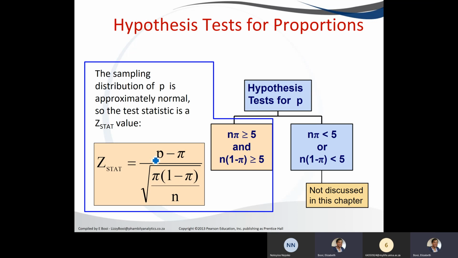If your sample proportion is not given, we can calculate it using the number of observations satisfying the condition divided by the sample size. The sample proportion minus the population proportion, divided by the standard error, is the Z test statistic we're going to use for proportions.